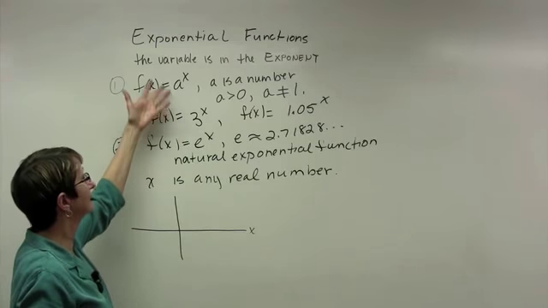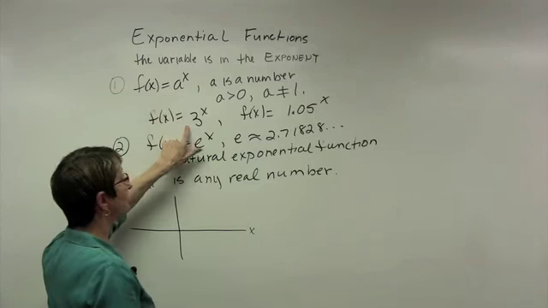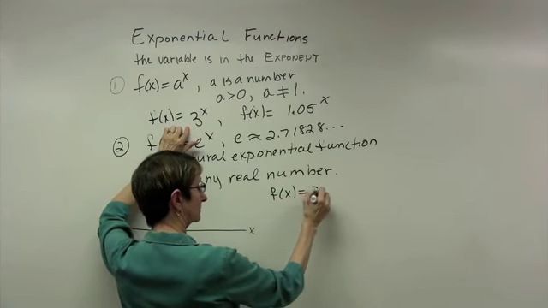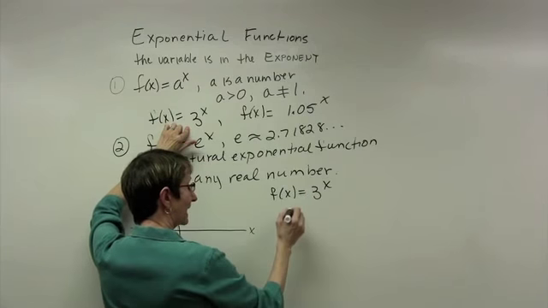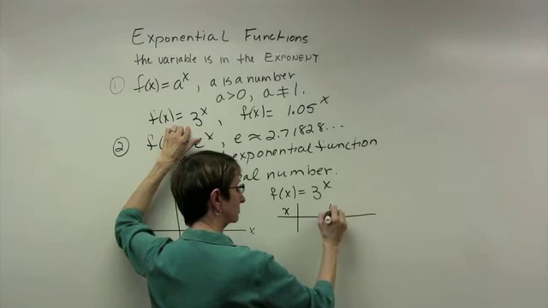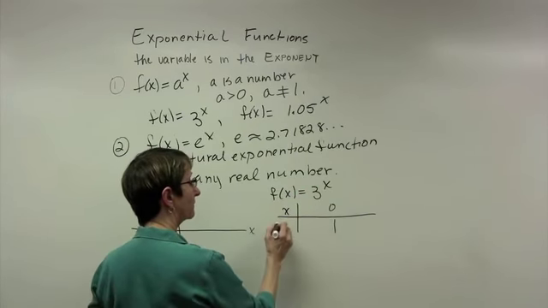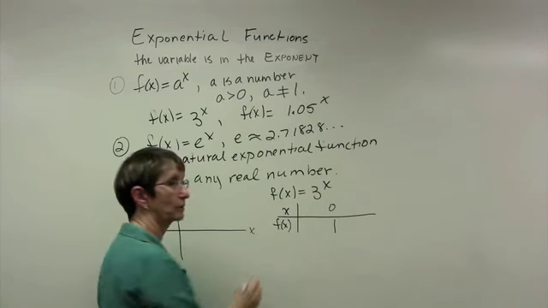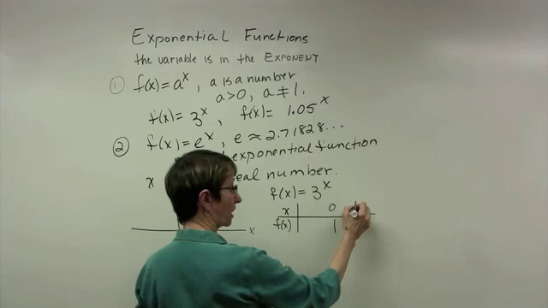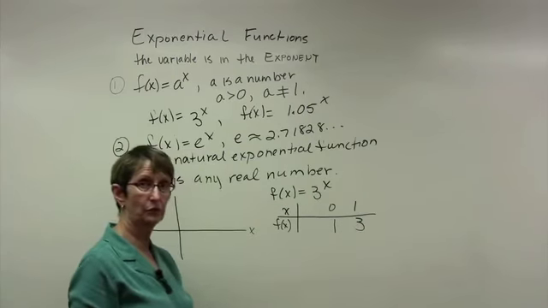Pick a point, say x equals 0, and if I'm looking at 3 to the x, if I have x equal to 0, 3 to the 0 is 1. So my f of x value or my y value would be 1. If x is 1, I have 3 to the first, which is 3.